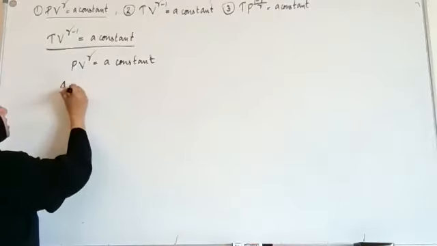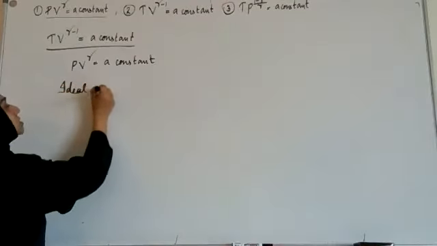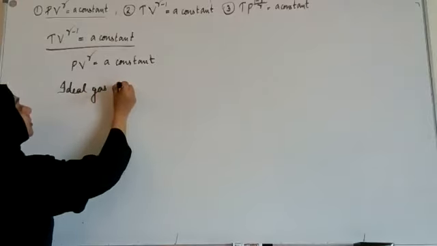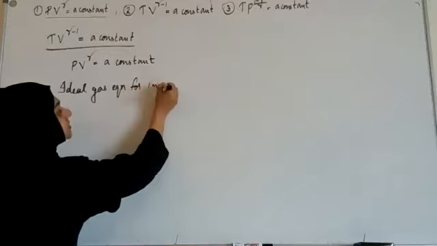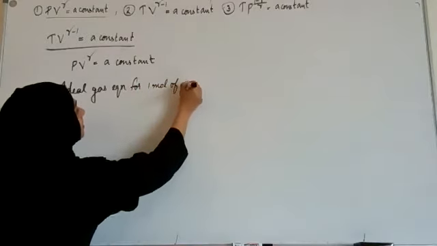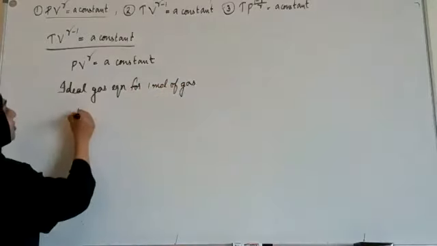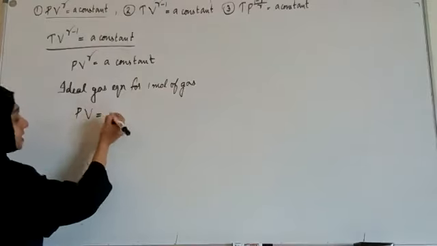So let me take the ideal gas equation. Again, for 1 mole of gas, it will be in the form PV is equal to nRT, n is 1.